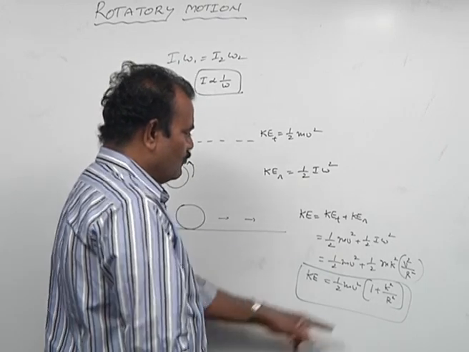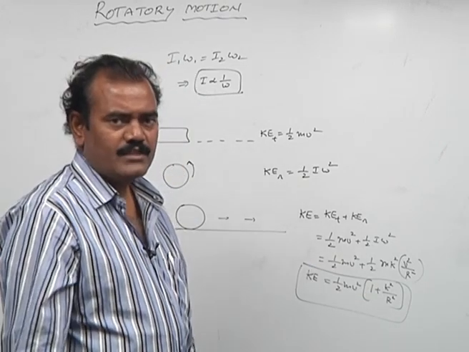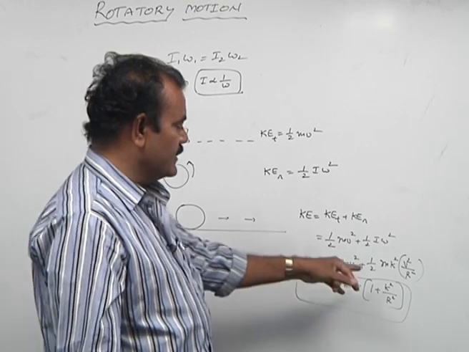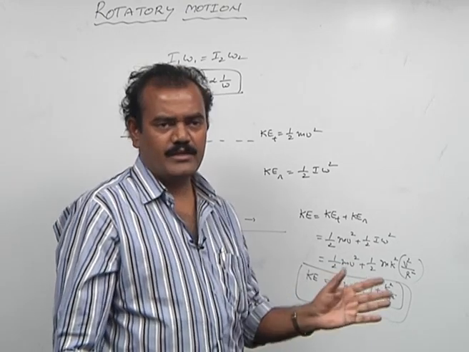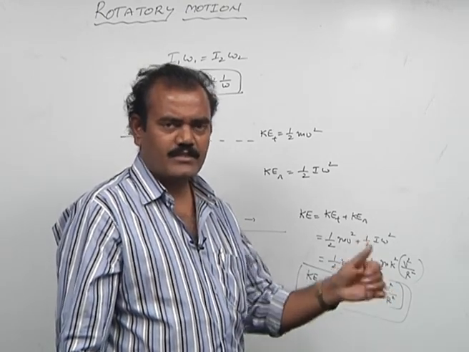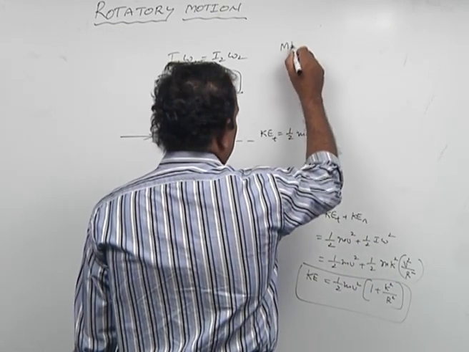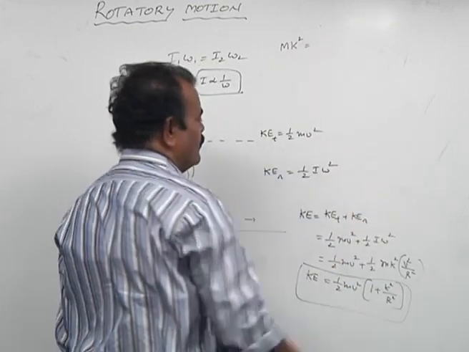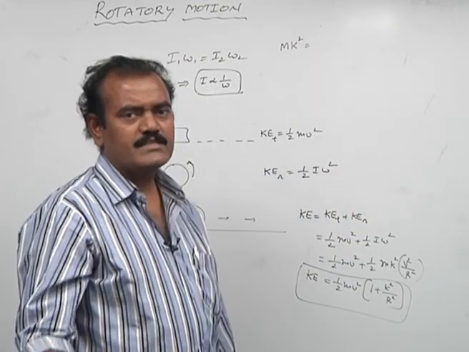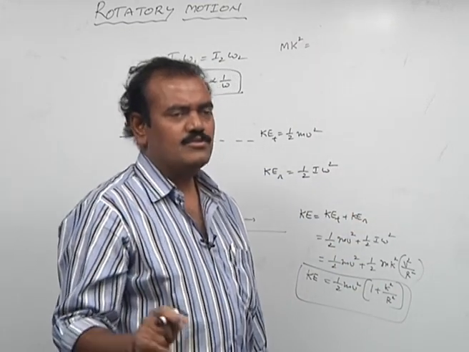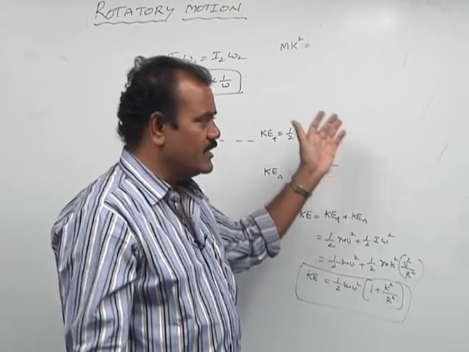Now how to find out k square by r square for them? Don't learn by heart the k square by r square for any rolling body. It is better to find it by taking the general formula, mk square. Suppose you want to find k square by r square in the case of a solid sphere about its natural axis.